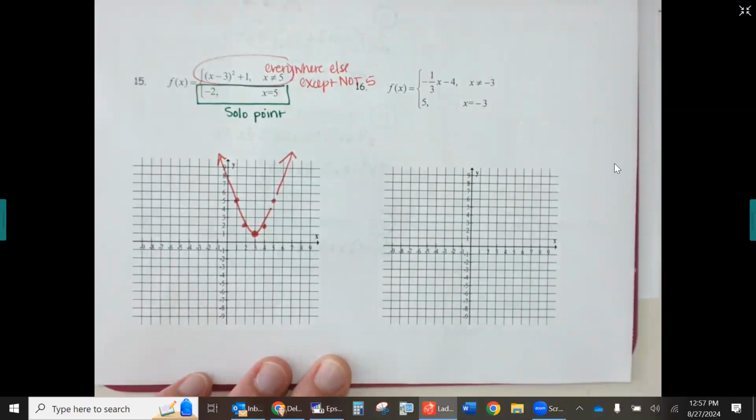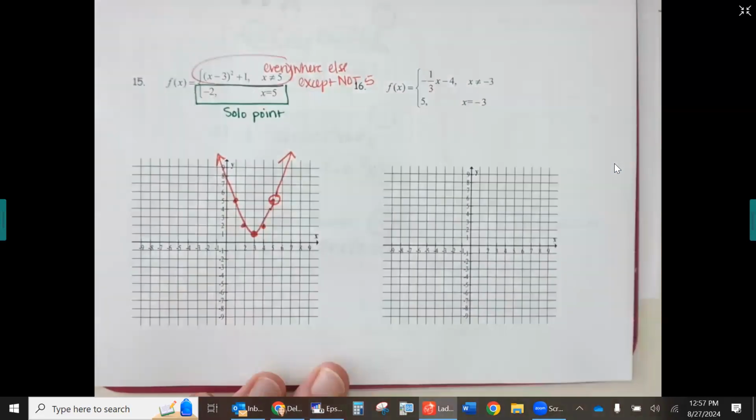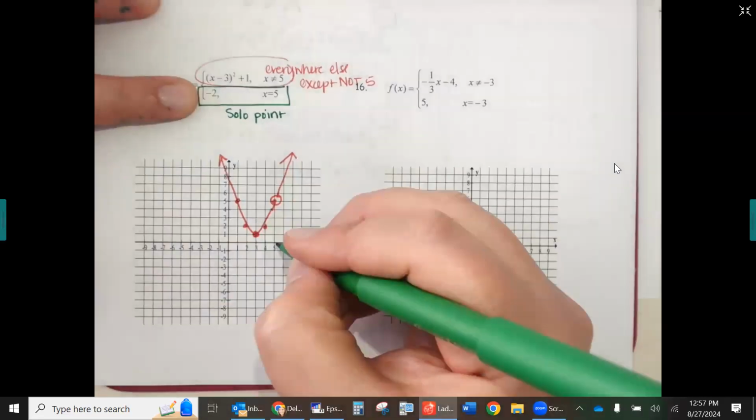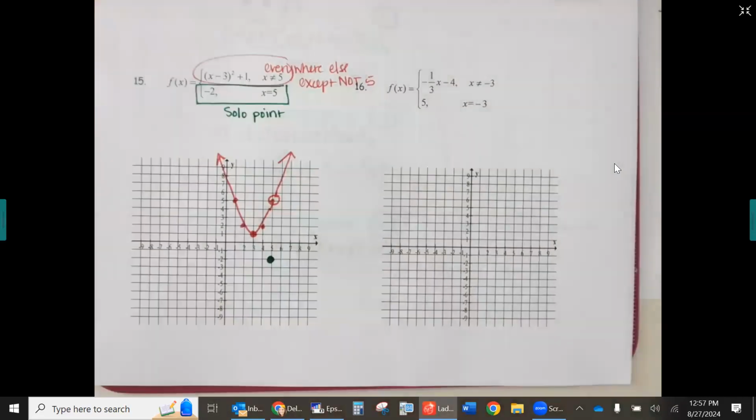I put a nice open circle over that. Just like that. Okay, to show that everywhere else I'm using the U shape, but then at 5, I'm going to place a solo point elsewhere. Where will I put it at? Very good. I'll come out to 5 and then I'll place it at down 2. Okay.